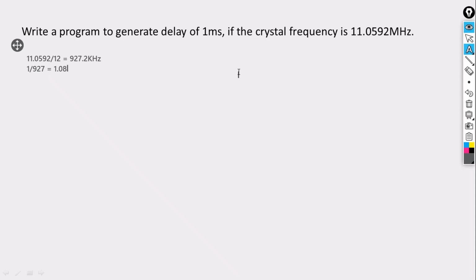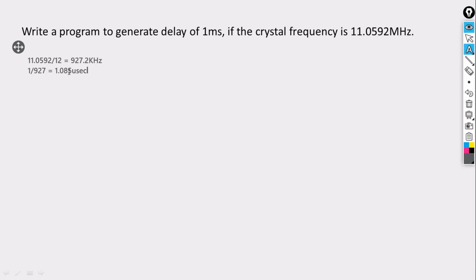This is the time offered by one machine cycle. Keeping this as my reference, I'm going to calculate how many machine cycles are required to generate 1 millisecond.